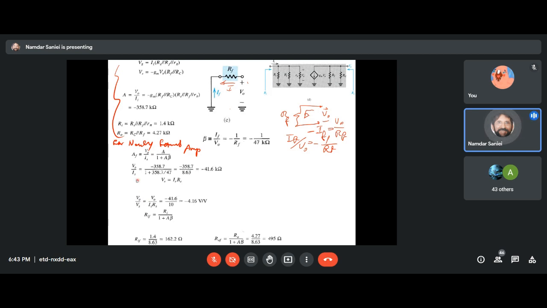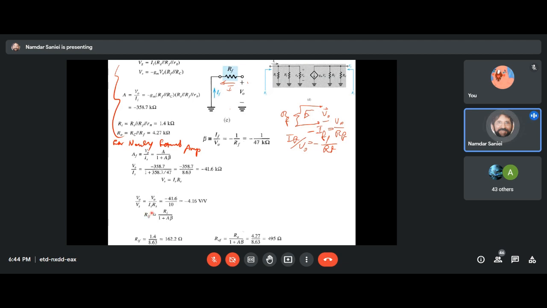And we have related the transresistance gain of the feedback circuit, or amplifier with feedback, to the voltage gain of the circuit. Okay, just like the previous case, that we first found the gain that the loop gives us in that specific case, and then we found an output voltage over the input voltage.